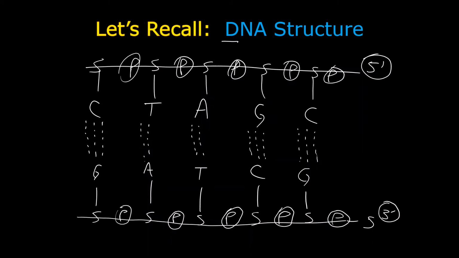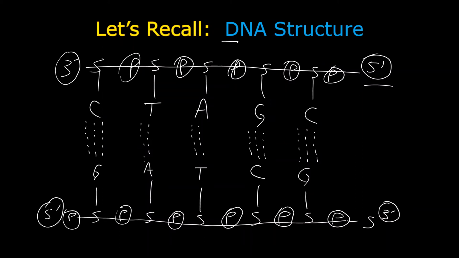If you followed this 5' over to the other end, you'd see that this is a 3', and if you followed this over to the other end, you'd find this is a 5' end. So we haven't mentioned that part yet. I've been saving it for when it's necessary, and it's necessary now.